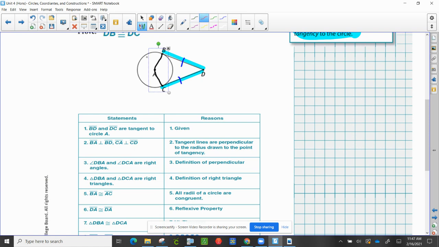So we know that all radii are congruent, right? We can also connect this point from A to D, and we can say that that is congruent to itself, reflexive property, which we've learned before. And don't forget from our previous lesson, anytime we have a radius to a tangent line, we do have right angles. So they do go through all this.